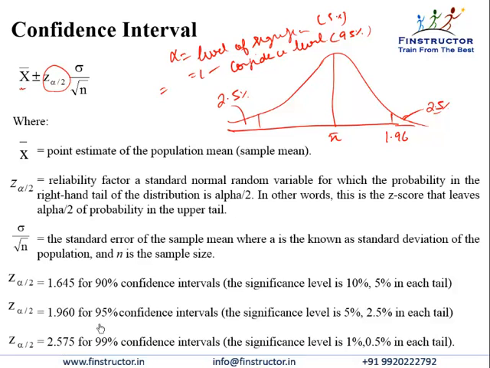For 95%, this value is 1.96. If it was a 90% confidence, then I leave 5% on the right and 5% on the left. The value would have come out to be 1.645, because I would have seen the cumulative Z table corresponding to 95%.